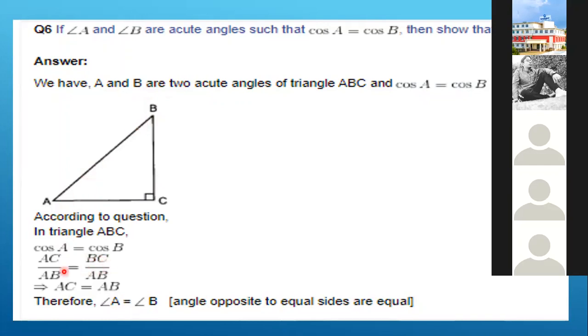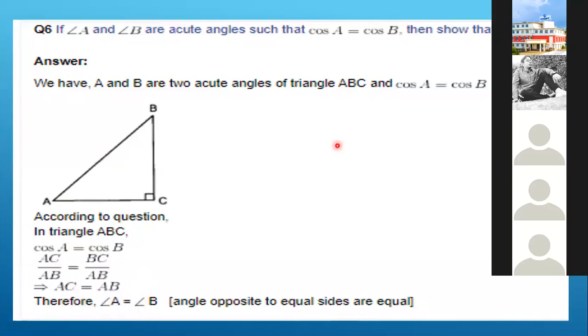So BC by AB. If we equate both, AB denominator is common, so AB will get cancelled. We are getting AC is equal to BC. Equal angles have equal opposite sides, and vice versa. So therefore angle A is equal to angle B.